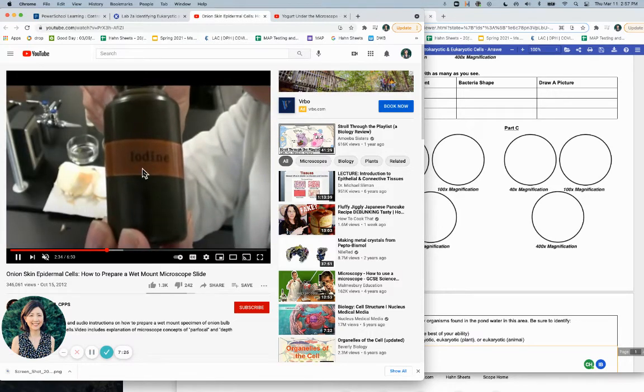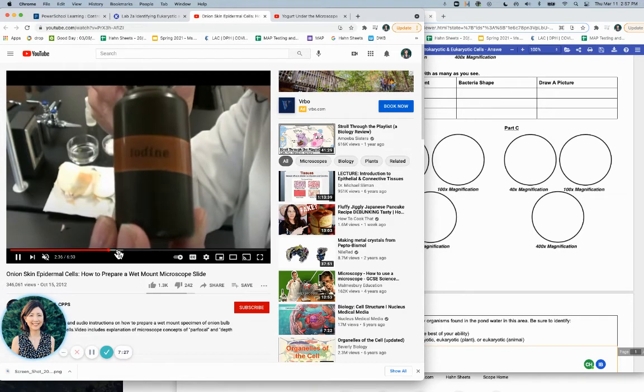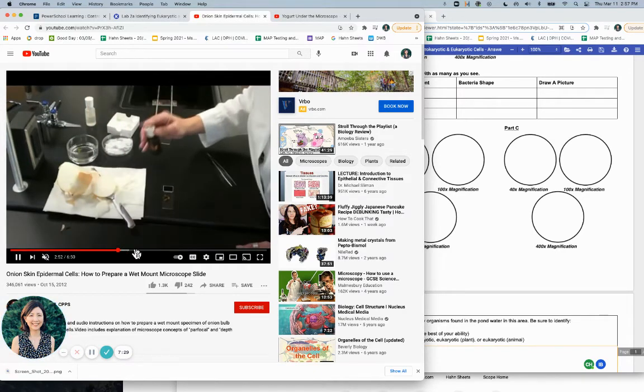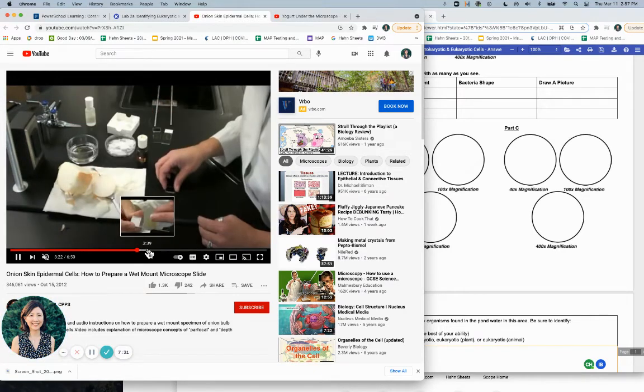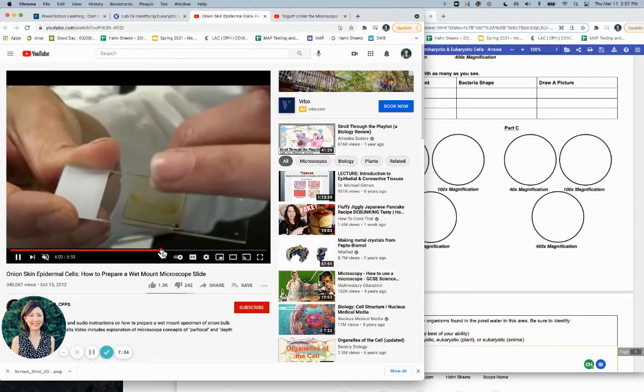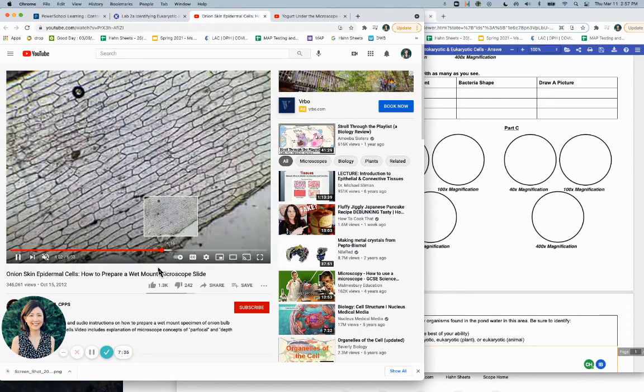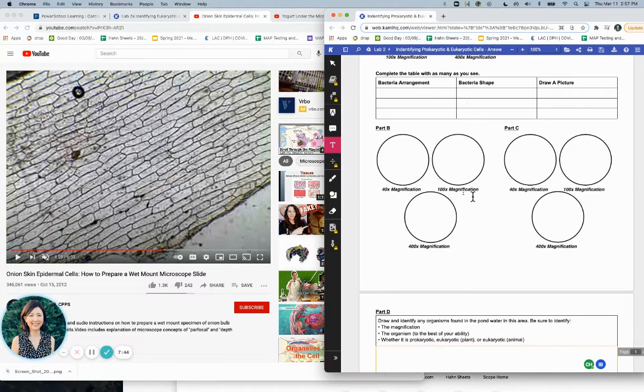She's staining it so that the nucleus and maybe other organelles might be more visible. So here she just mentioned that this is under 40x. So this would be what you would draw for 40x magnification.